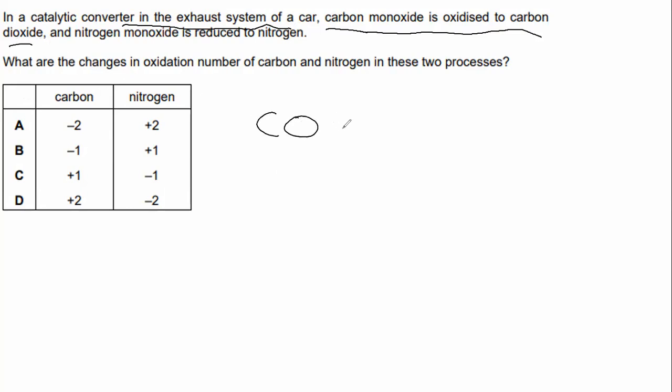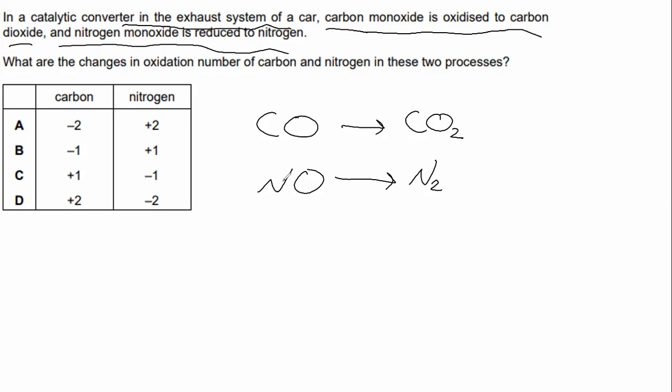Carbon monoxide, CO, becomes CO2. Nitrogen monoxide is reduced to nitrogen. NO becomes not N, it is N2. What are the changes in oxidation number of carbon and nitrogen in these two processes?